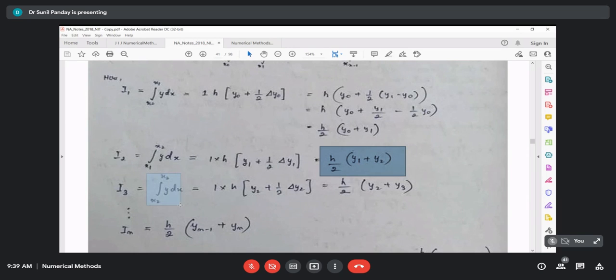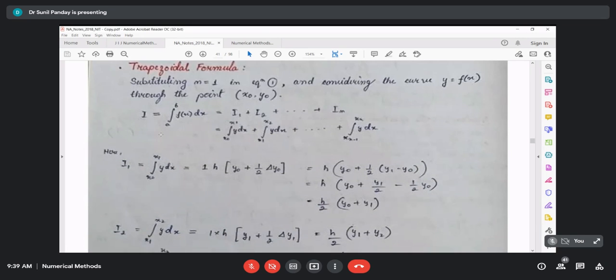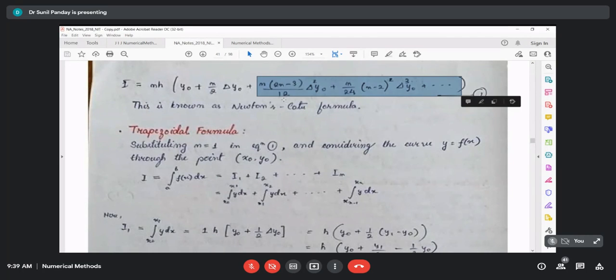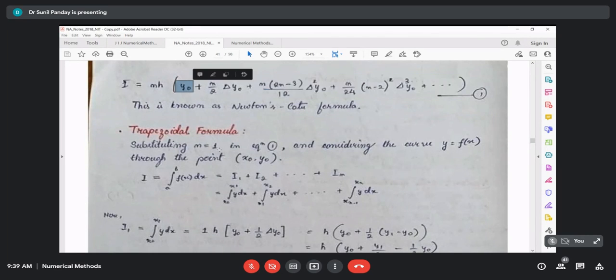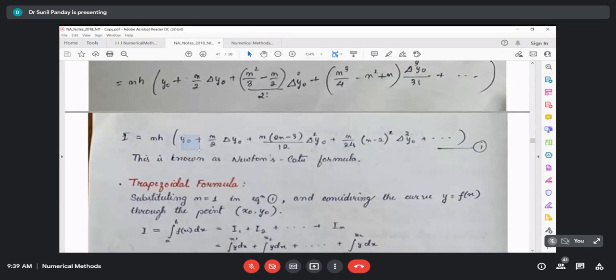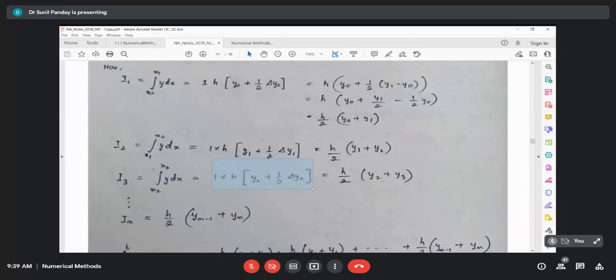Similarly for x2 to x3, again I consider 2 points and approximate with this formula, and with 2 points these terms are 0. As the initial point in I3 is x2, y0 is replaced by y2, and delta y0 by delta y2. After substituting the value of delta y2, I have this.